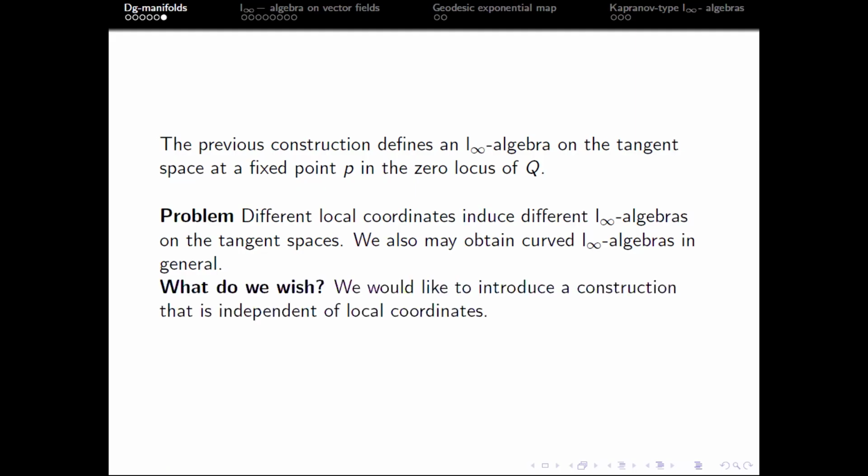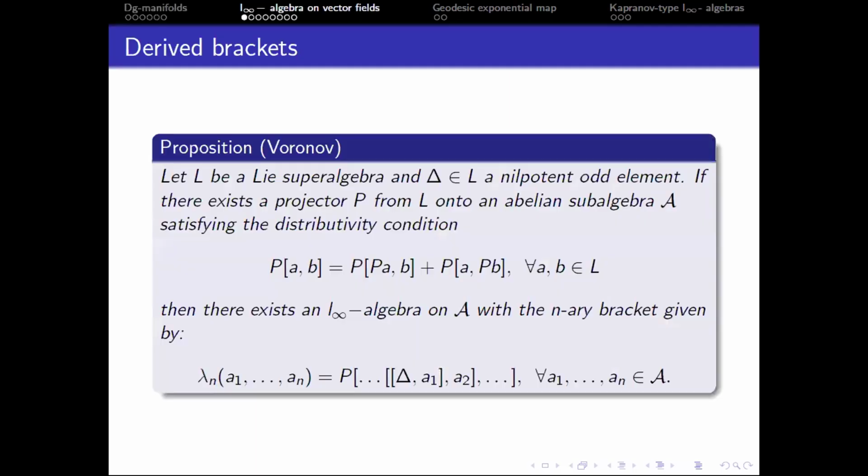So we want to globalize this construction. We want to define an L-infinity algebra on the space of vector fields without first localizing, without taking coordinates from the very beginning. And to expose this, the main theorem that I'm going to use was explained by Voronov.